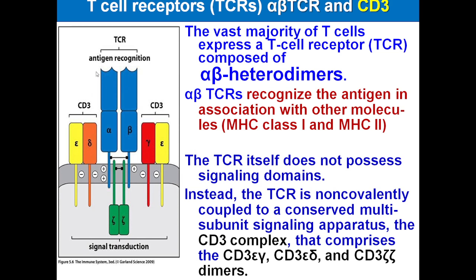Alpha beta T cell receptors recognize the antigen by the antigen binding cleft between the first and second domains of alpha and beta chains of these receptors. They recognize antigen only in the complex with MHC class 1 or MHC class 2 molecules.